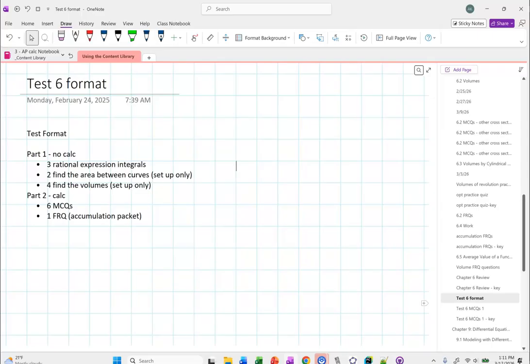If you feel good about this and can identify what to do based on what the three-dimensional shape is going to look like in your mind, you should be in good shape. But yeah, that's the dealio.